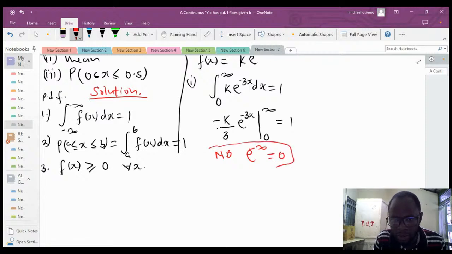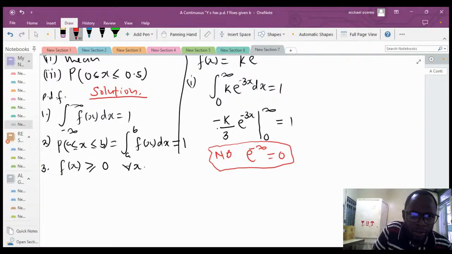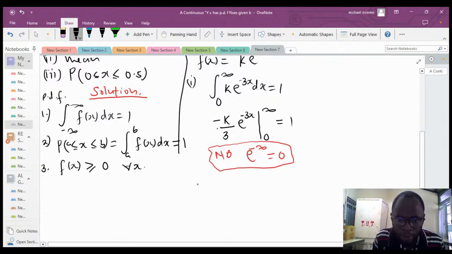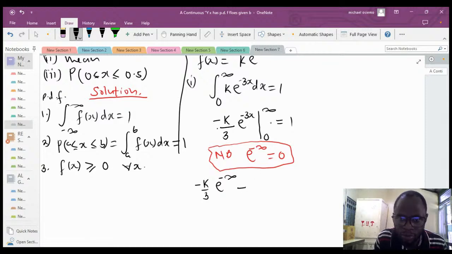If I take negative multiplied by infinity, x being infinity, I still have negative infinity. So when I substitute infinity, I have negative k over 3 exponential raised to negative infinity. Then we substitute the lower limit 0: minus negative k over 3 exponential raised to 0, and this should be equal to 1.